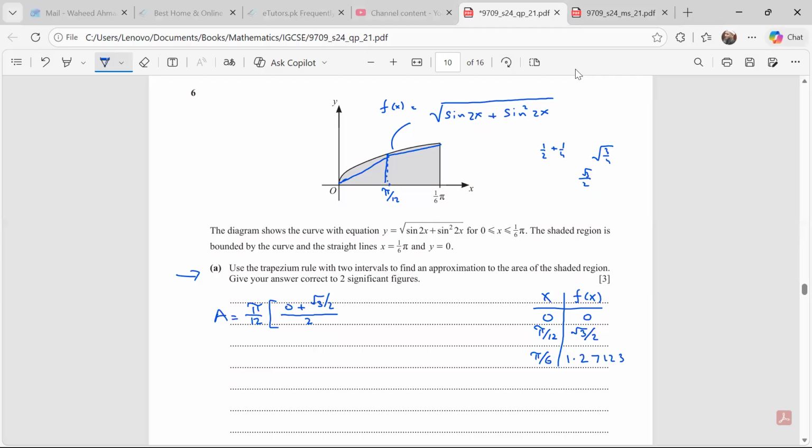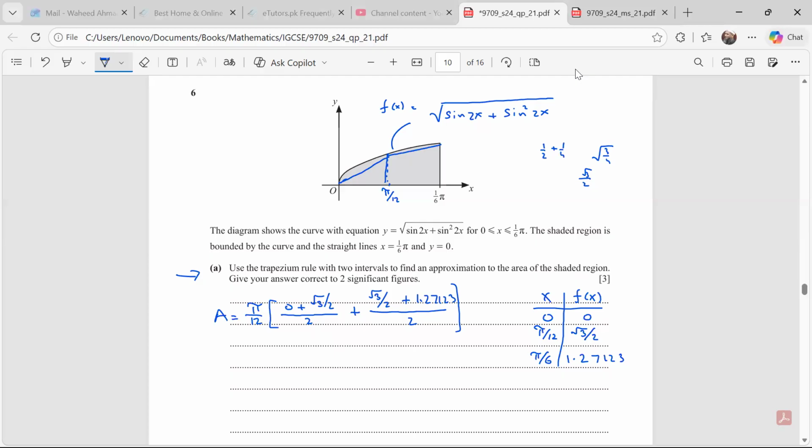Plus, for the next one, the two values are root 3 by 2 plus 1.27123, divided by 2, times pi by 12, which gives the area of this trapezoid.